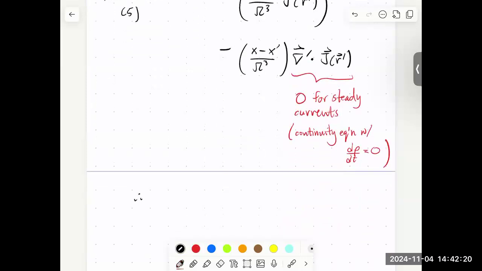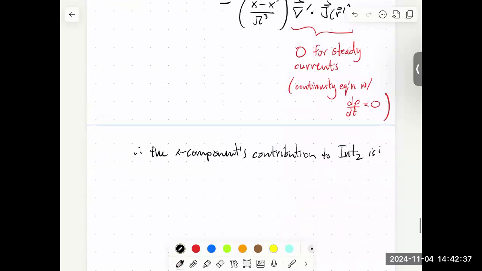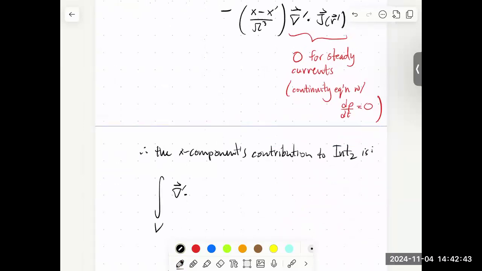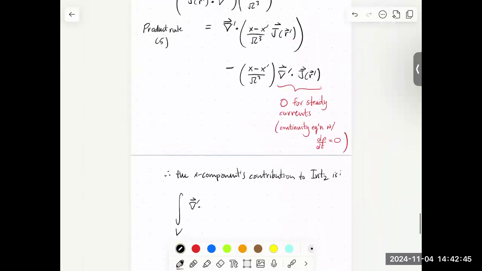So therefore, what we're left with, the x component contribution to this integral 2, is: we're going to have an integral over some volume of, well, where is it? It's right there.